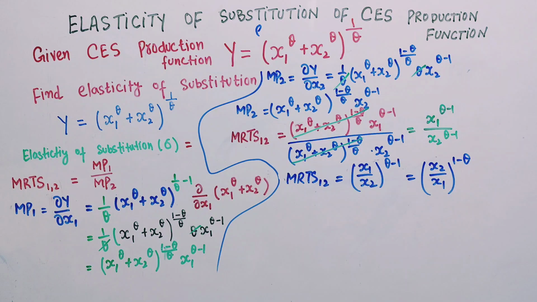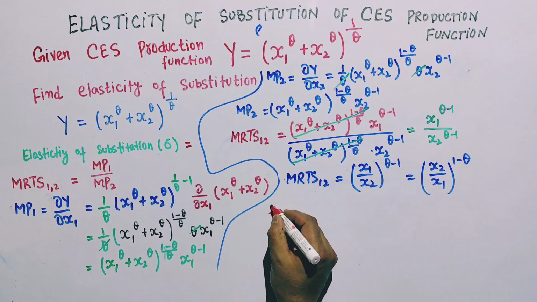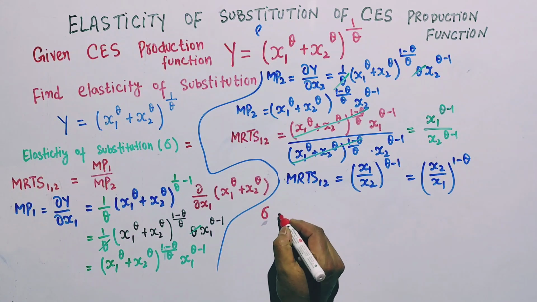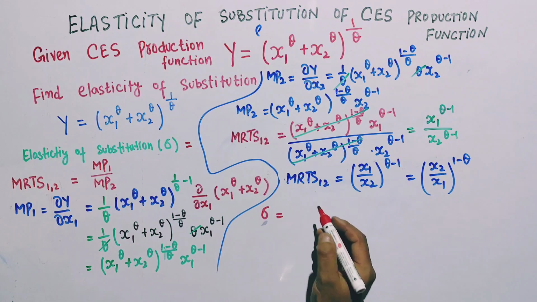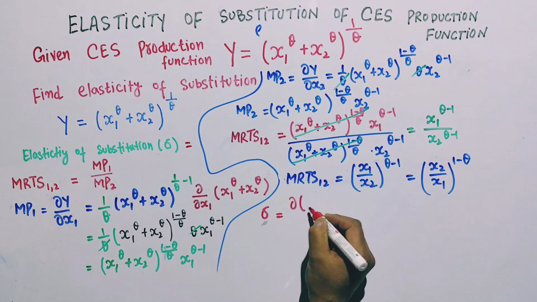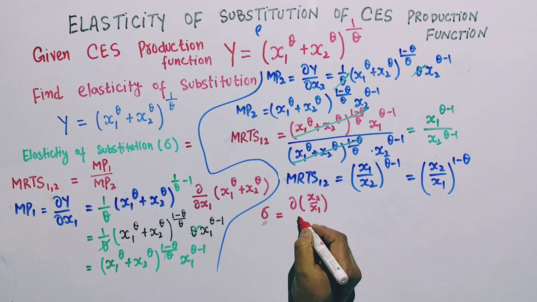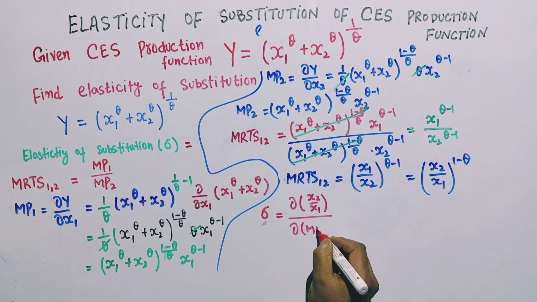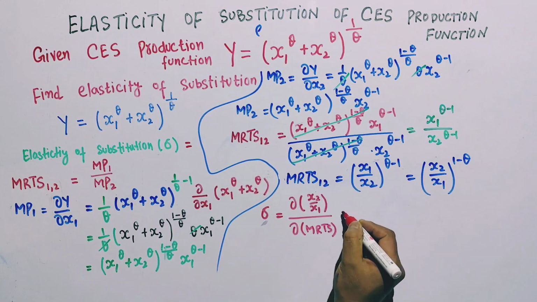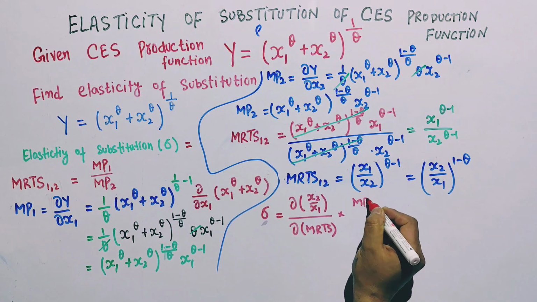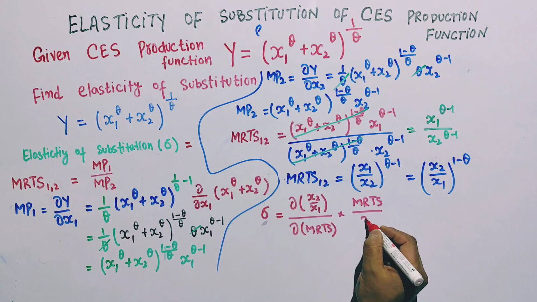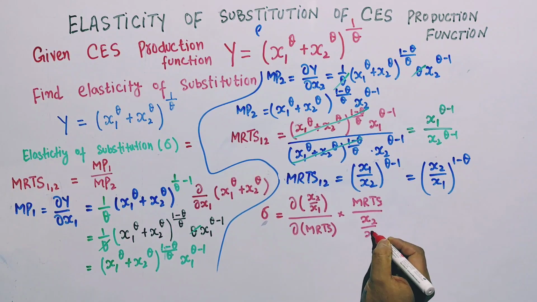Now what is the elasticity of substitution? Let's denote it by delta. It is given by the change in the input ratio, that is x2 upon x1, divided by the change in the marginal rate of technical substitution, multiplied by MRTS upon the input ratio x2 upon x1.